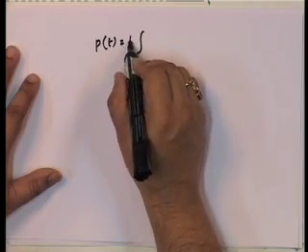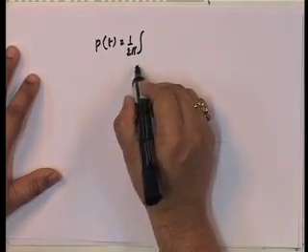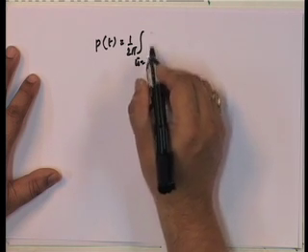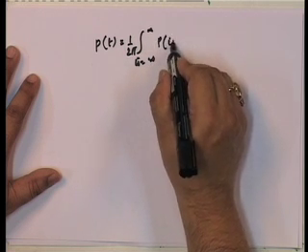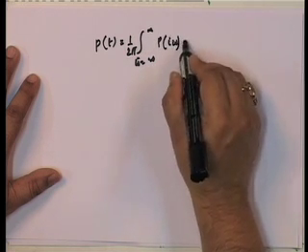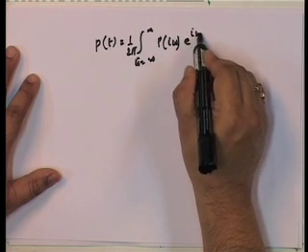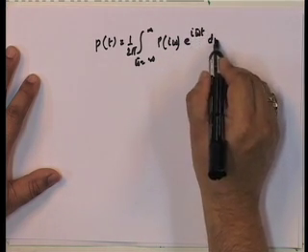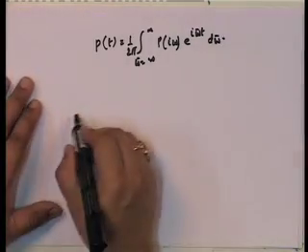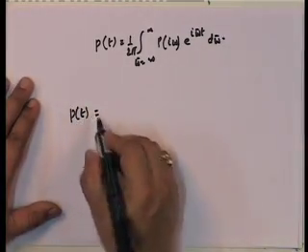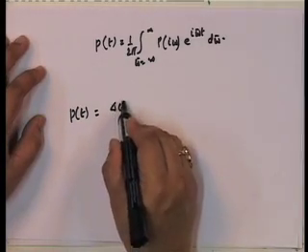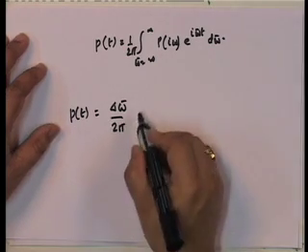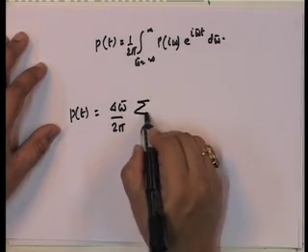P of t is 1 upon 2 pi, integral from minus infinity to infinity of P of i omega bar into e to the power of i omega bar t d omega bar. So, this becomes then P of t is equal to delta omega bar comes out. So, it becomes delta omega bar upon 2 pi integral.